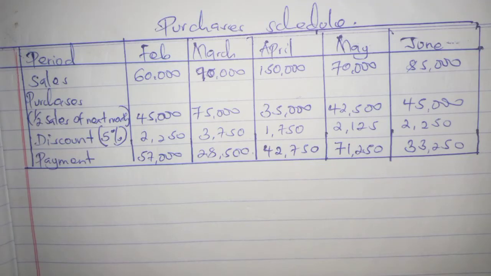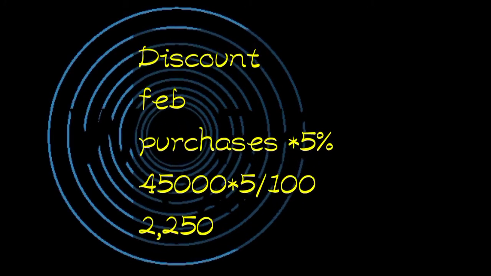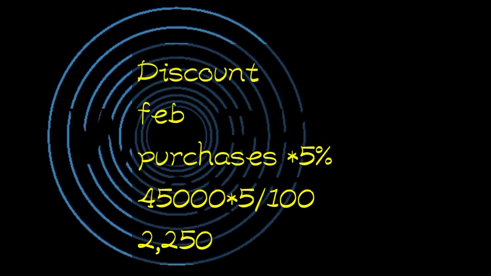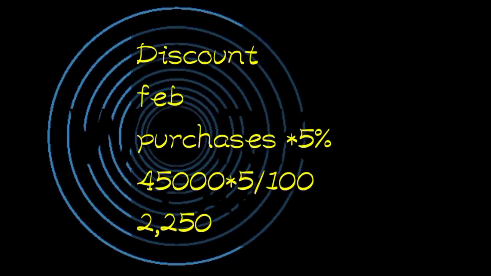Then we go to discount. They say there is discount received of 5%. Therefore, we shall calculate 5% of the purchases. In Feb, we shall calculate 5% of 45,000, which is 2,250. Then we shall do the same thing for all the months.